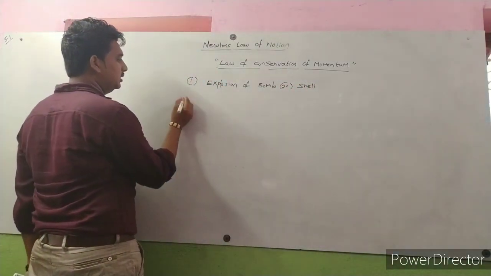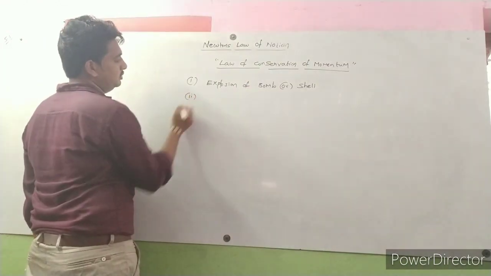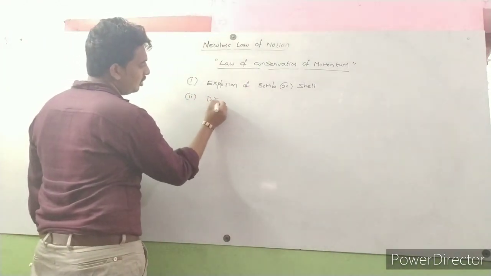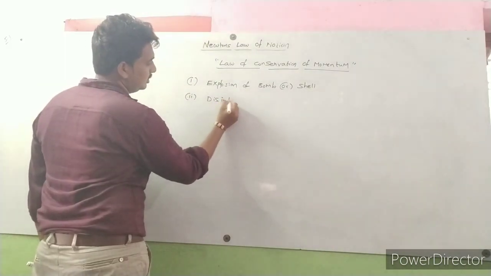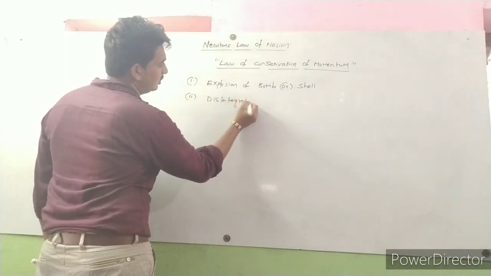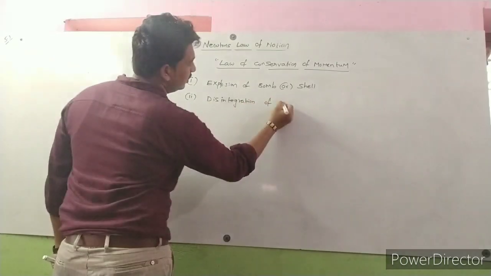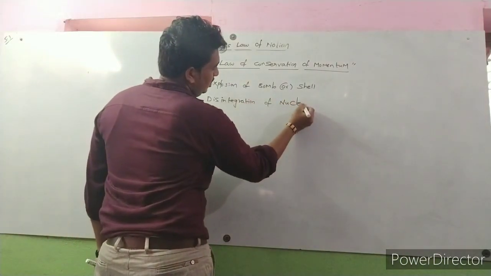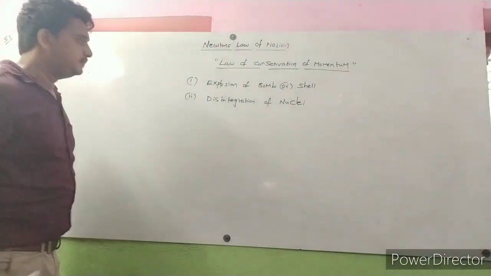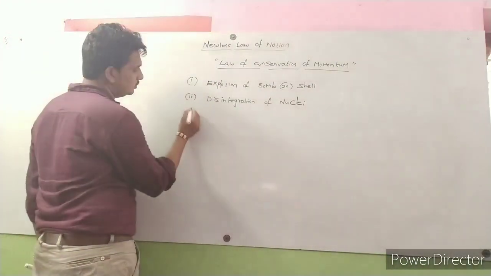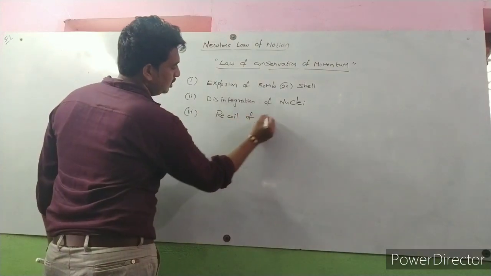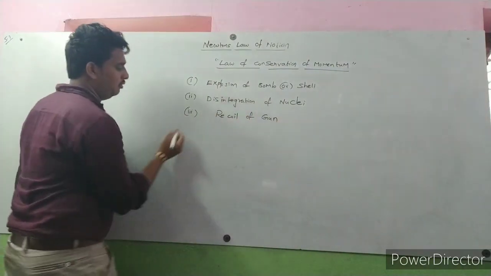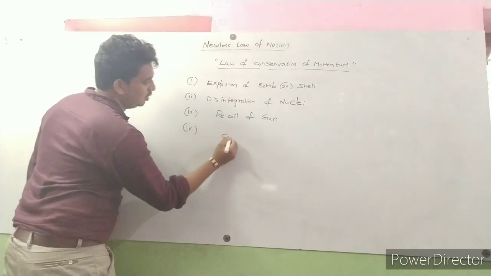Second one, disintegration of nuclei. Third one, recoil of gun. Fourth one, collision.